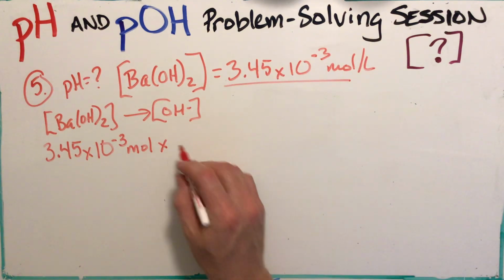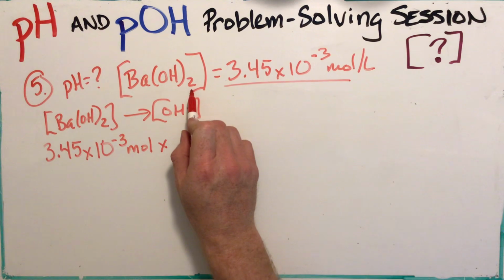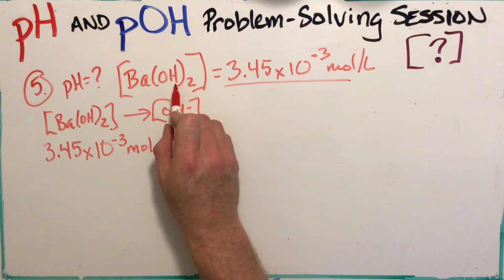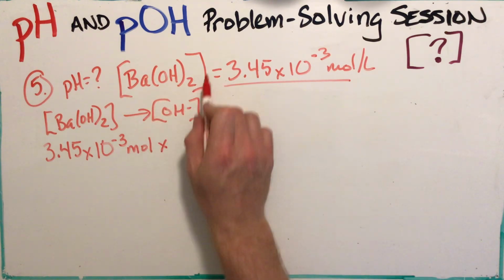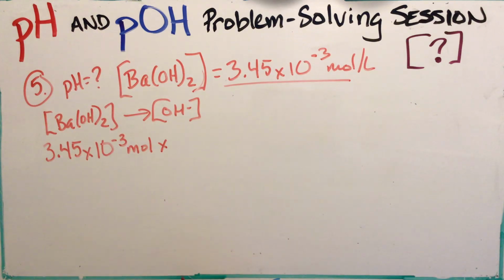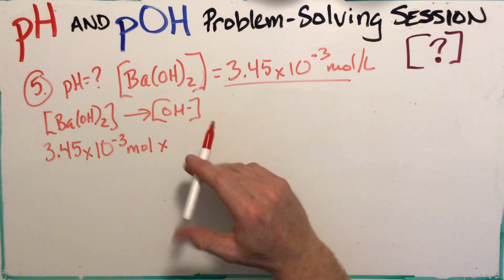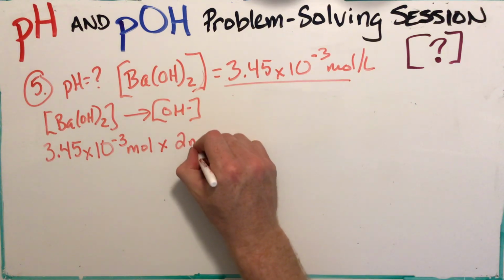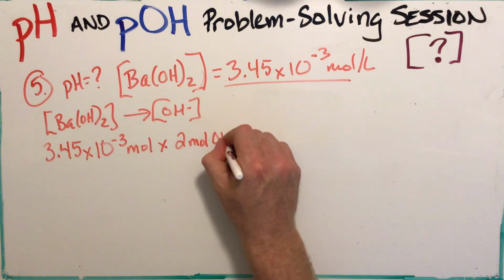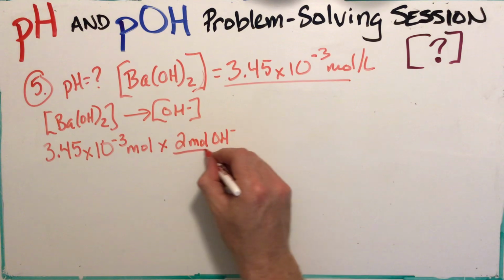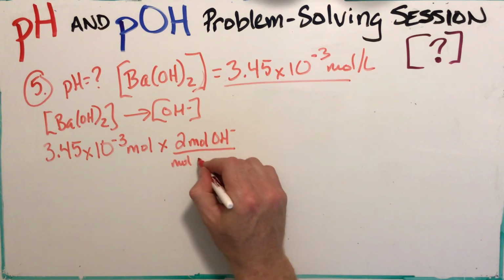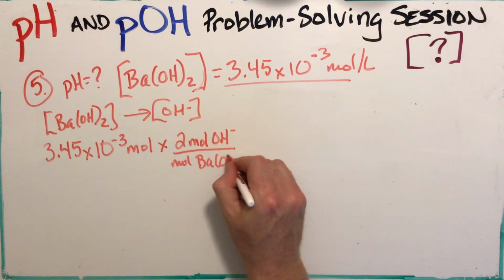I'm going to multiply it by, there's 2 OHs, right? 2 hydroxides for every one of these base molecules. This is a base. So I'm going to multiply it by 2 moles of OH negatives for every mole of Ba(OH)2.